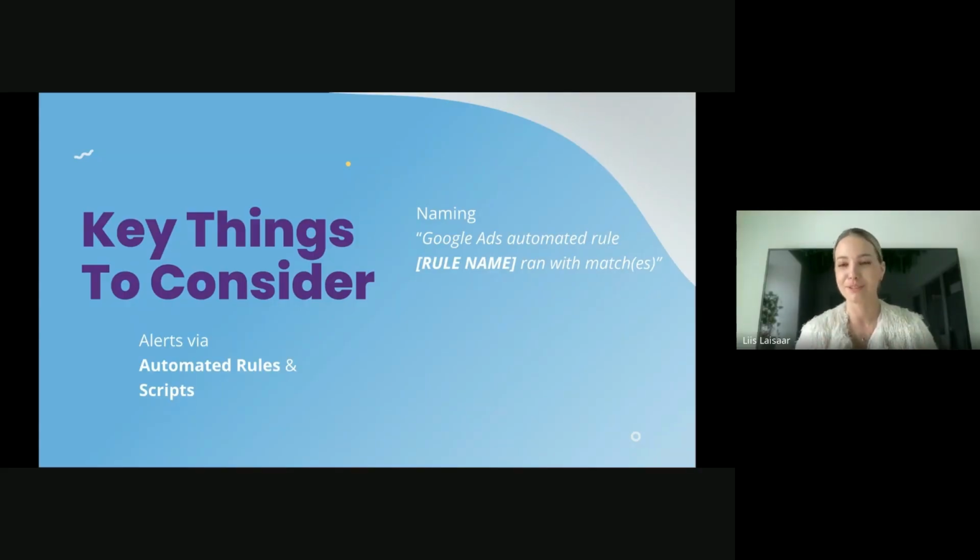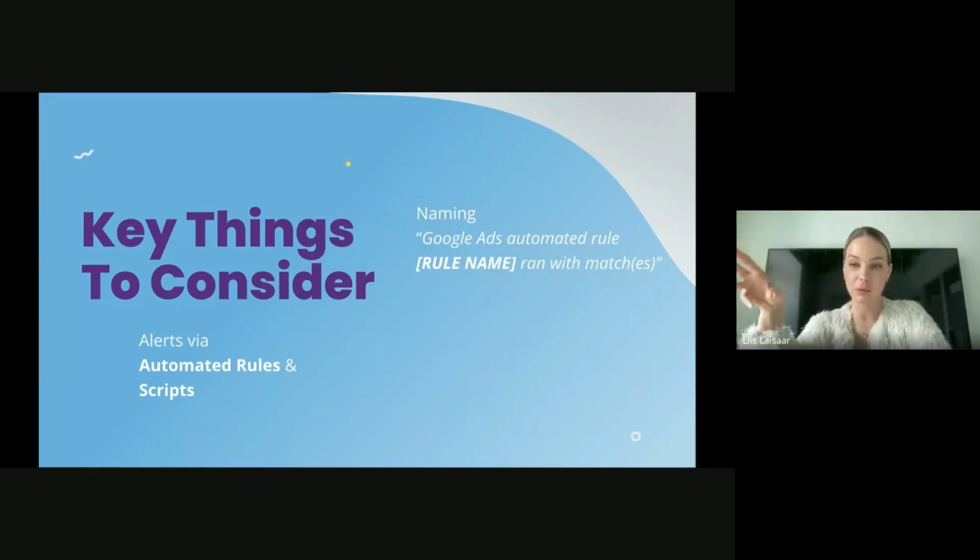I still struggle with that in my inbox. And it was really helpful to immediately, by looking at the email subject line, already understand what this email is about. And with automated rules, we have to keep in mind that the first section of the name is always this Google Ads automated rule.